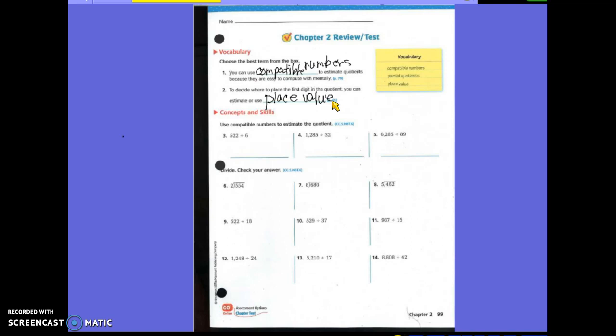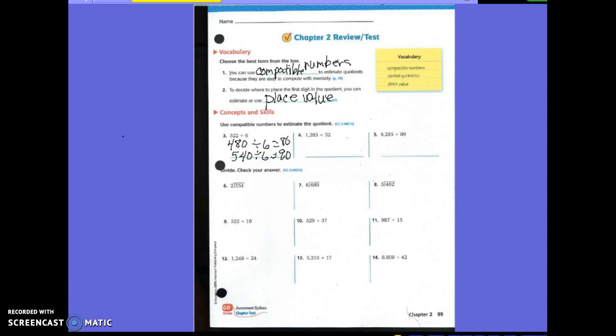So which one is closer, 48 or 54? 54. So we could have estimated it to be 480 divided by 6, or we can estimate it to be 540 divided by 6. And this one would be 80, and this one would be 90.